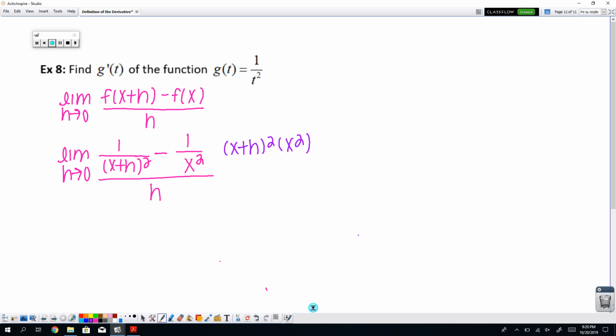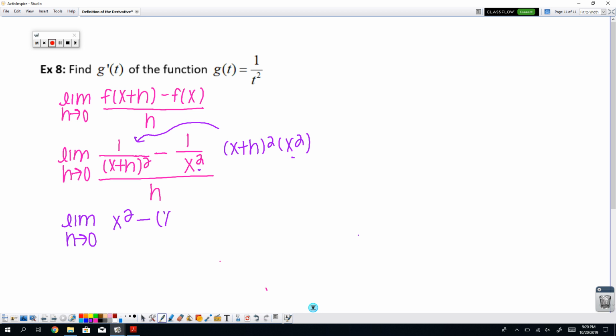Okay? So, in my first fraction here, when I go to basically distribute, my x plus h squareds cancel each other out. So that gives me the limit as h approaches 0 of x squared minus, now these x squareds cancel each other out, this one and this one.